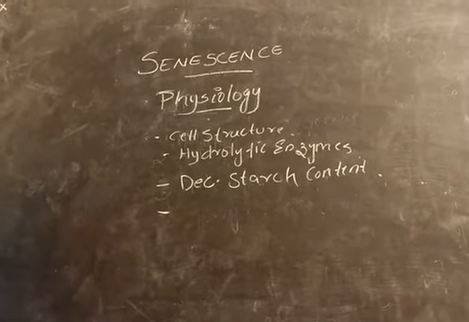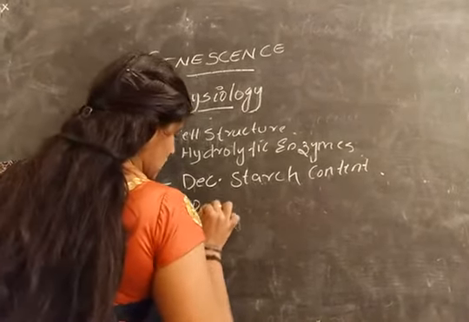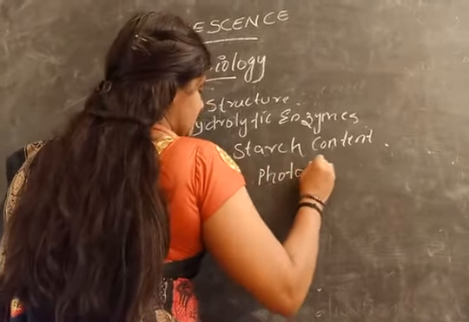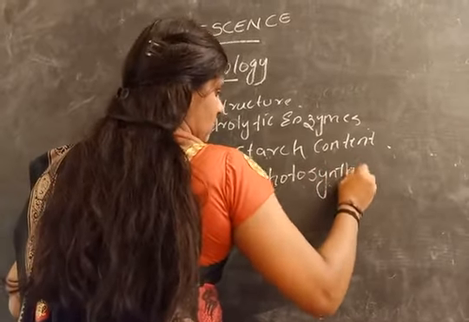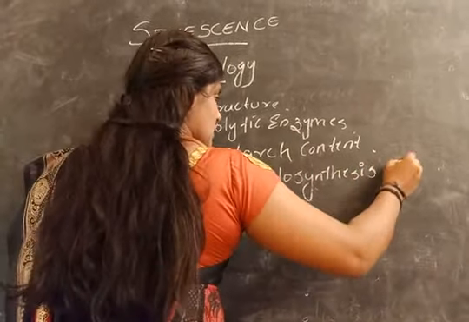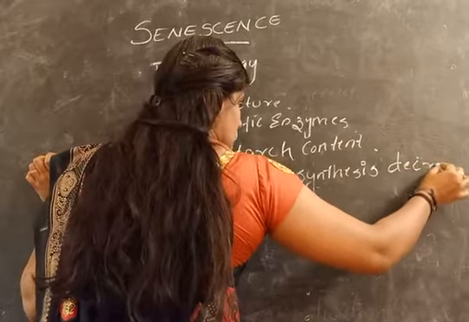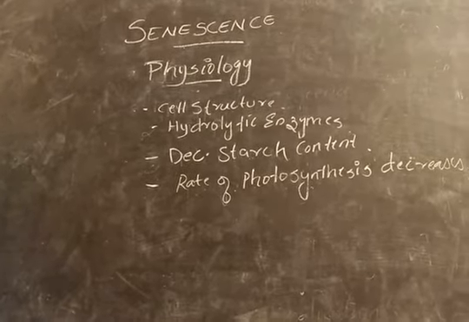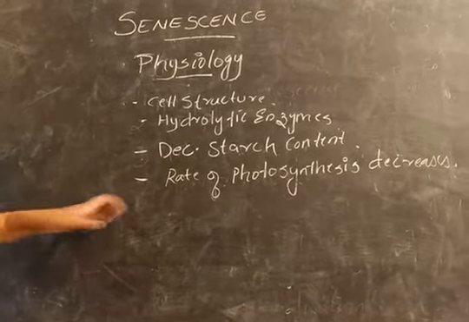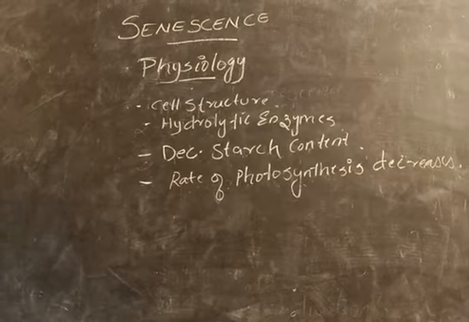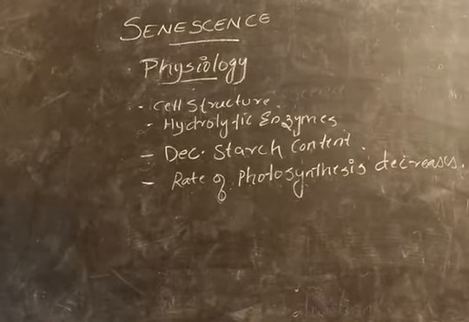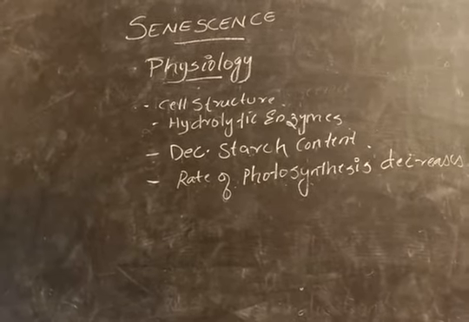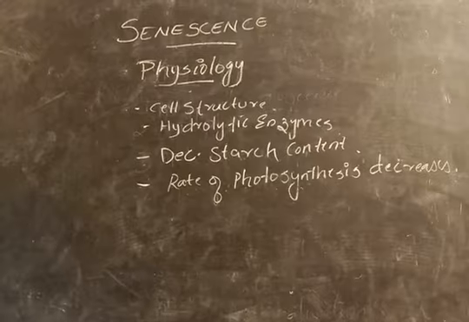So the rate of photosynthesis decreases due to the accumulation of anthocyanin pigments, which results in the color changing of the leaf.